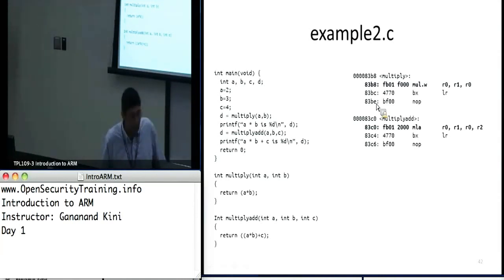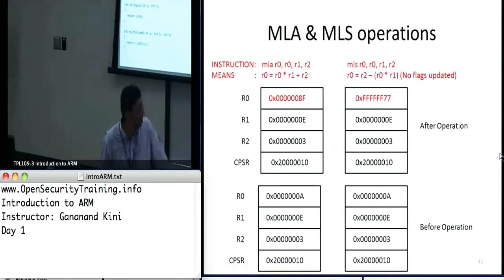But this is what it would look like if you had a multiply instruction. Here it's going to multiply R0 and R1 and store the result in R0. And here it's going to take R1 and R0, multiply them, add R2, and store that result in R0.